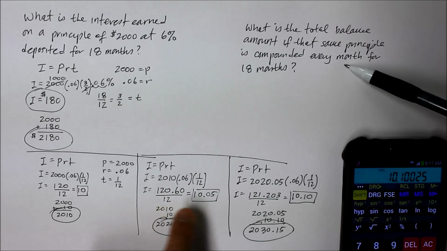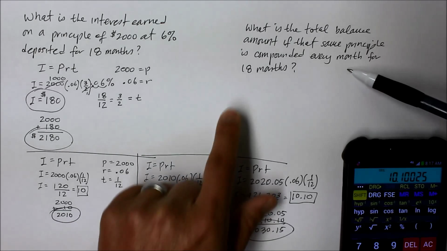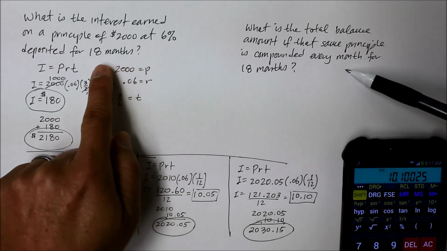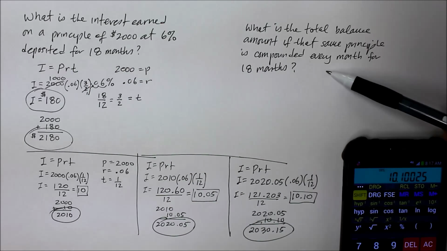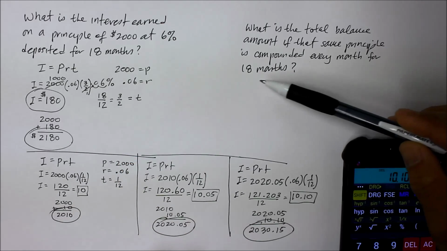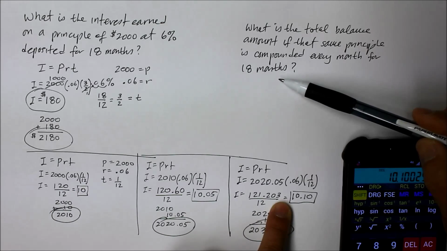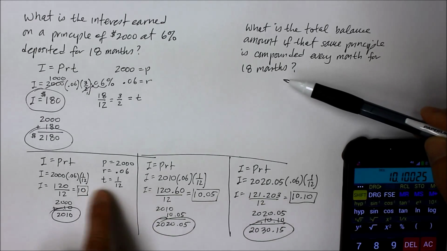In essence, that's what we did each month, carrying on that new balance for that same 18 months. What that means, if we compound this once every month, is we will have to do this 18 times to find out how much we will have at the end of the 18 months. And I don't want to do that.